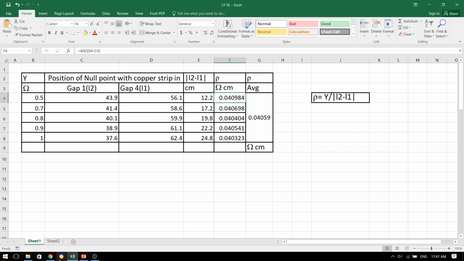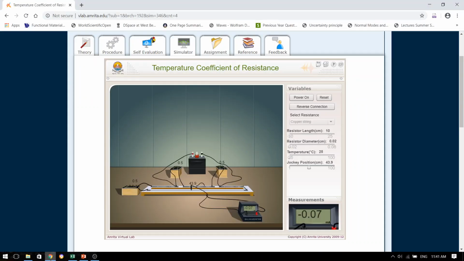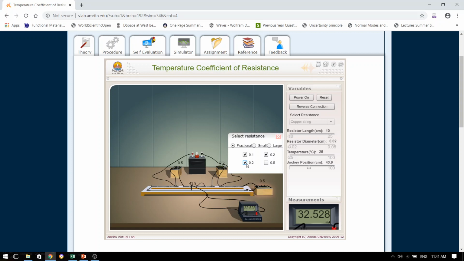Like this, we can repeat the experiment for a different value of resistor. Isn't it? So let us again go back to our old setup. Now we can click over here and change the value of the resistance. So now we are doing it for 0.7 ohms.